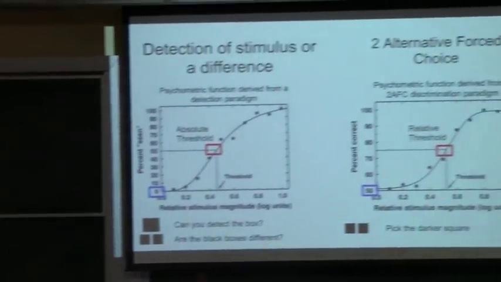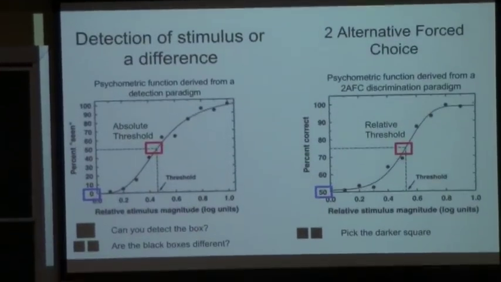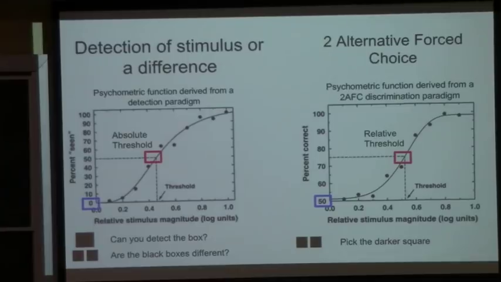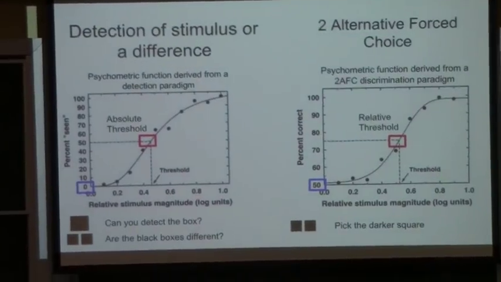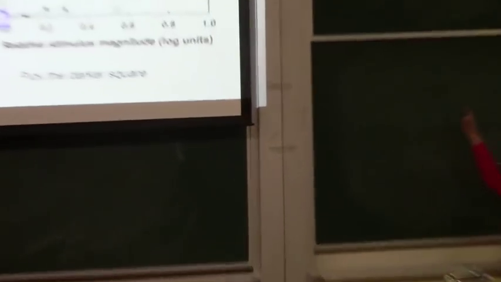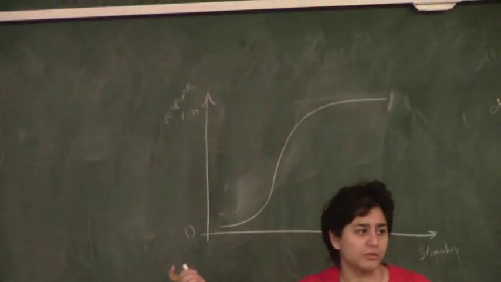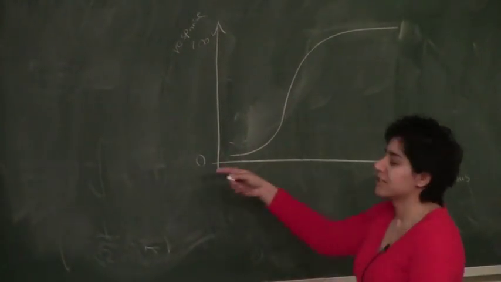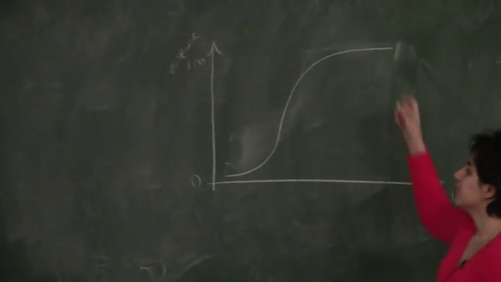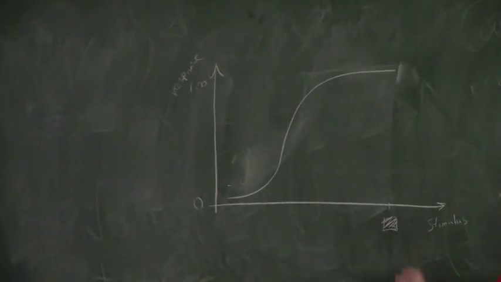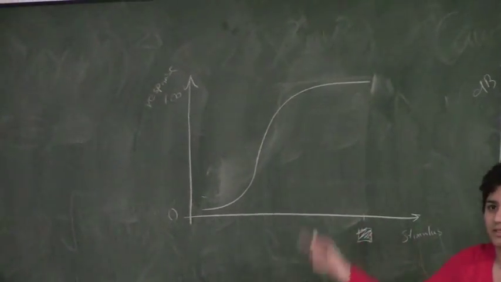The detection one asks you, do you see a black box on the screen? And you can say, no, I don't see it, or you can say, yes, I do. So it's going to go from 0 to 100%. When it's very light and barely detectable, you might just say, no, I don't see a box on the board, so it'll start at 0. And then when it's very dark and you definitely see it, you'll be like, yes, I do see it.